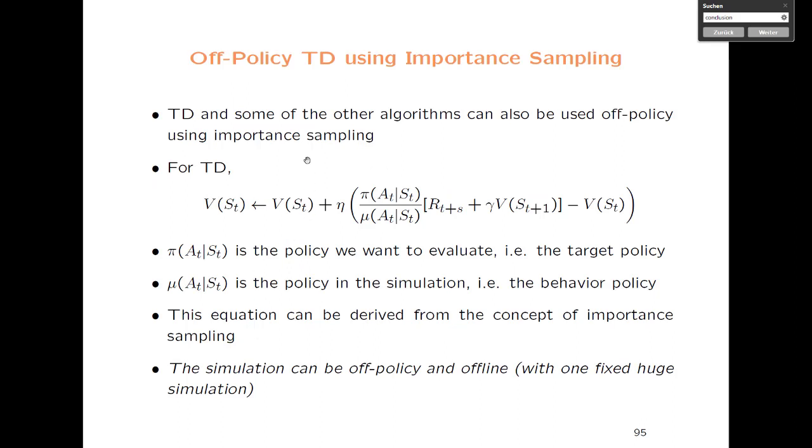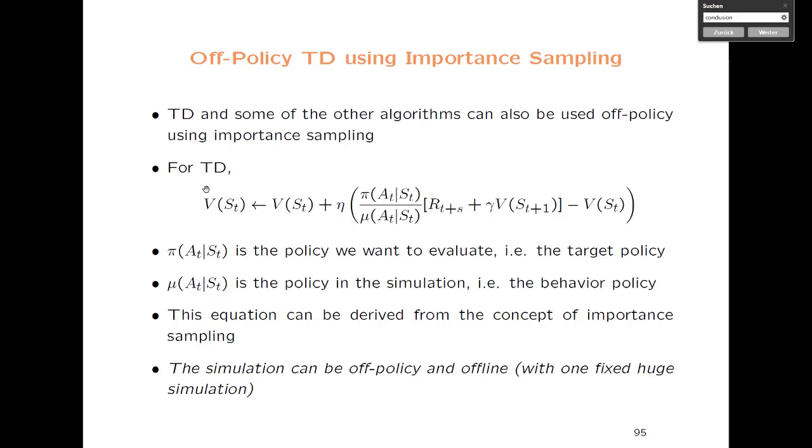And another comment on importance sampling. So we said that some algorithms require on-policy learning, like TD(0), but there's a general approach called importance sampling, which essentially is a correction for the fact that you are evaluating a policy which is not used in the simulation.